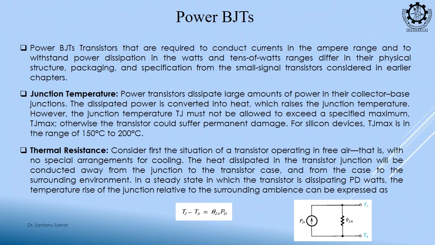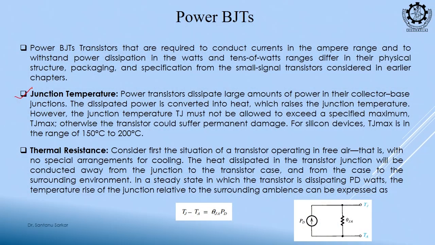The transistor you are using to design a power amplifier should be able to handle high junction temperature. Otherwise, what will happen? There will be damage to the structure. So, it should be able to withstand a temperature range of above 150 to 200 degree centigrade.